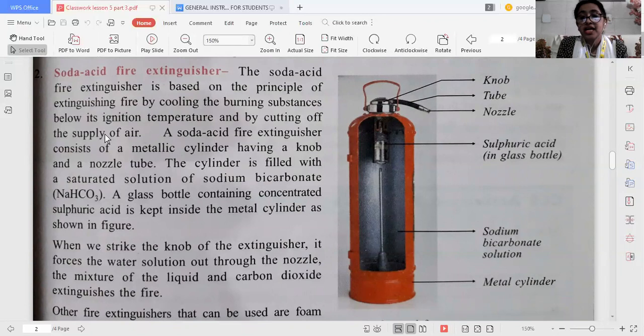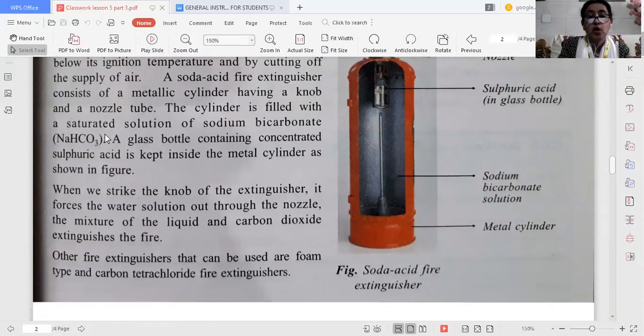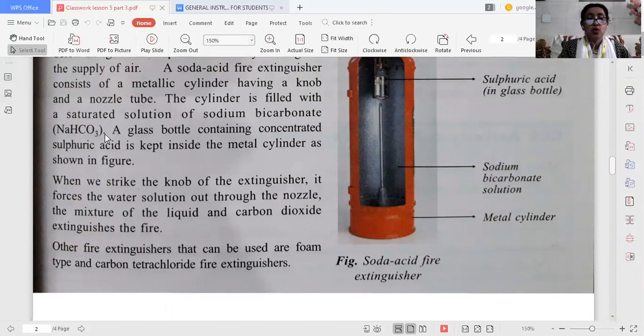Inside it, there is a glass bottle containing sulfuric acid, and there is a solution of sodium bicarbonate. Whenever we strike the knob, the glass bottle cracks, and the sulfuric acid mixes with the sodium bicarbonate solution. Carbon dioxide gas comes out from the nozzle, which extinguishes the fire. That is how this works.